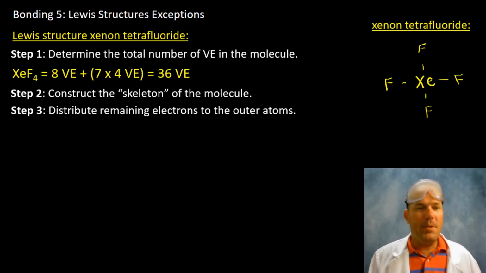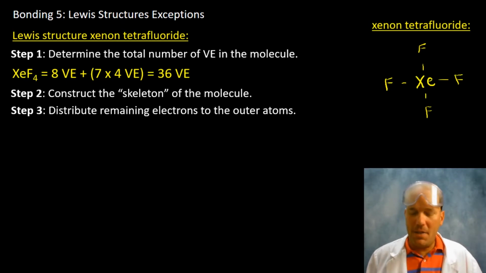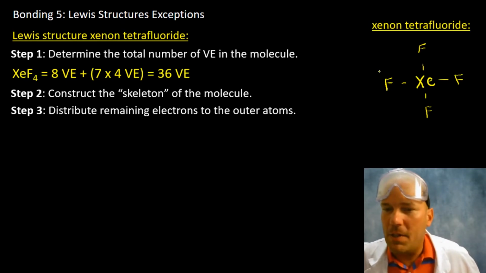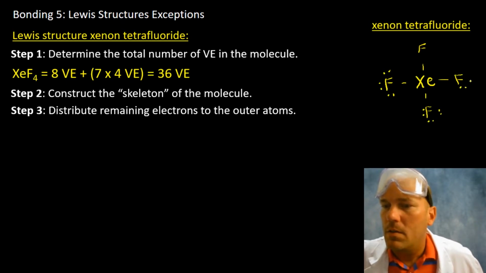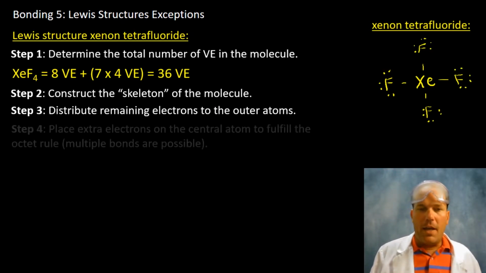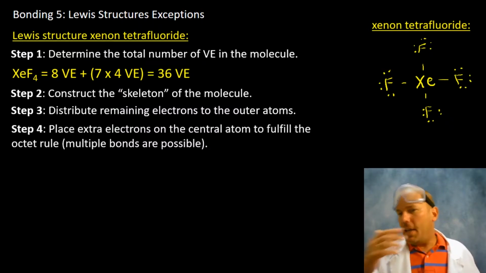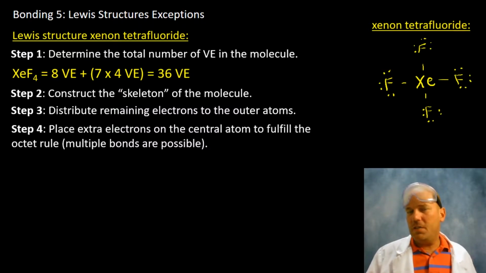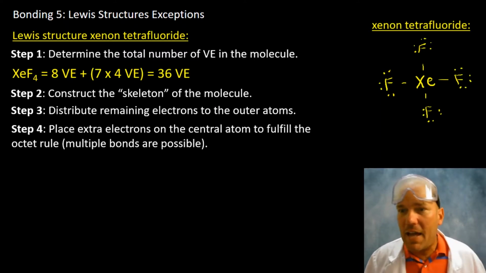All right, so if you're wondering why there's no values on your Pauling scale, that is why. Next step would be to distribute the remaining electrons around the outside. So I'll go ahead and do that now. Okay, almost done here. 2 more. There we go. And now I'm going to look at any extras and put them on the central atom. But wait a minute, the central species already has an octet.